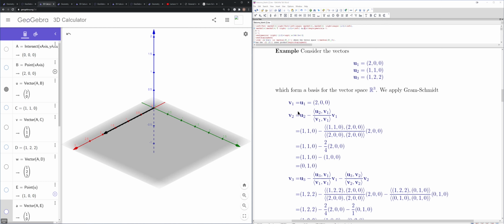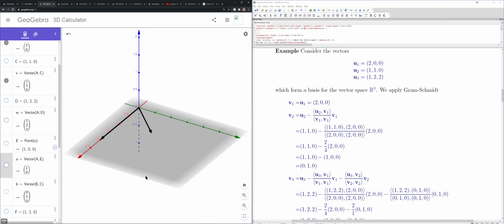So what is U2 over here? This is U1, which is equal to V1, and this is U2, which is (1, 1, 0). Notice it's in the XY plane. Using this U2, I'm going to construct V2.